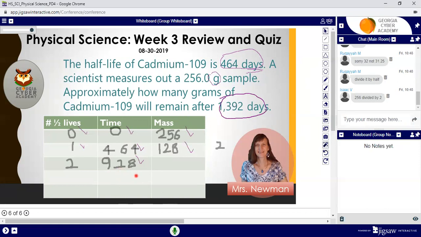What are we going to do to get the next box? Oh, and I see that we are working down the half mass as things get cut in half. So we still need to keep going because we haven't gotten to 1392 yet. So what's the next one going to be here?